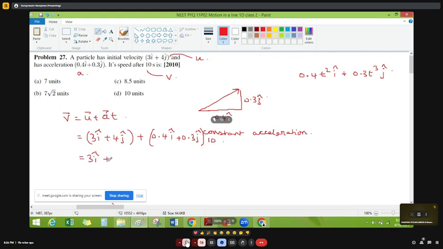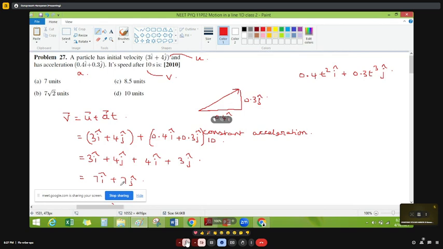So 3I plus 4J plus 0.4 into 10, it will be 4I, plus 0.3 into 10, 3J. 3 plus 4, 7, 4 plus 3, 7. They're asking you to find the velocity. So that means if they have given the vector, I have to calculate the magnitude.